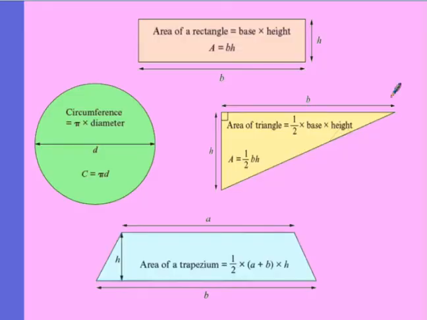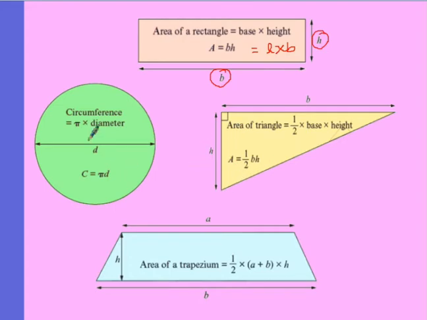Before that, let us go for formulae. This is a rectangle. Everyone knows the area is length into breadth, or base into height. Area of a triangle is half base into height. Base is the sleeping line, and height is the perpendicular line, which makes 90 degrees.